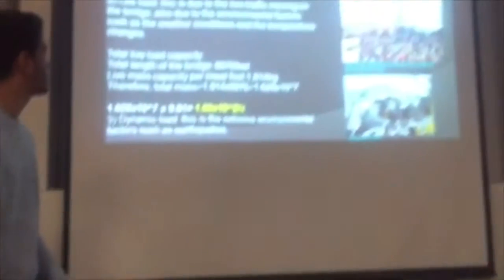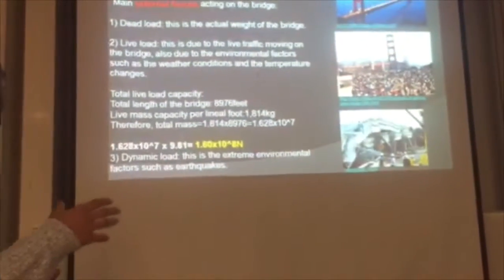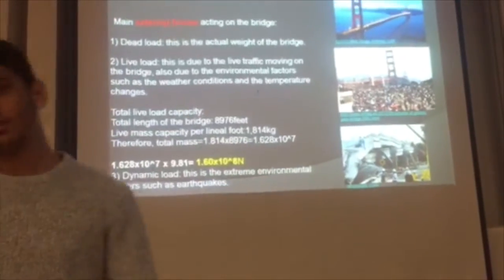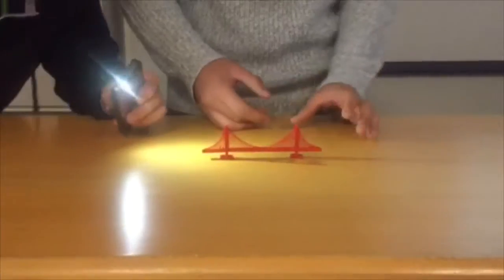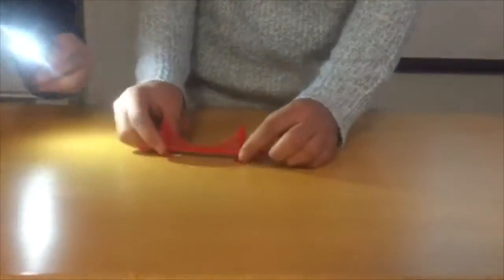Second of all, we've got the live loads, which are due to the live traffic moving on the bridge, also due to the environmental factors such as the weather conditions. So for example, here we've got a sunny day and the material inside the bridge expands.